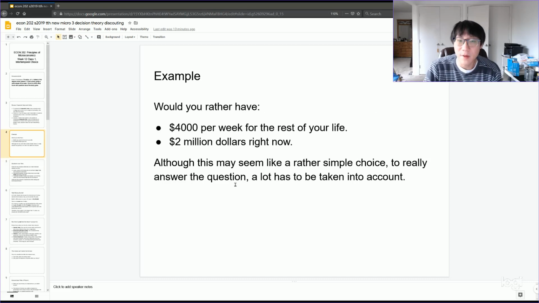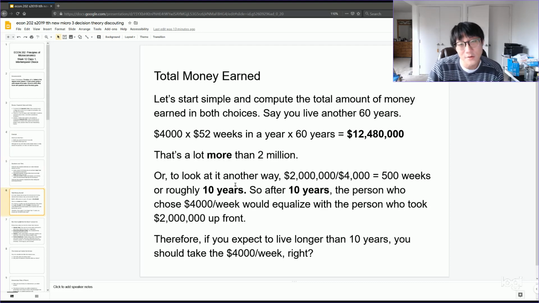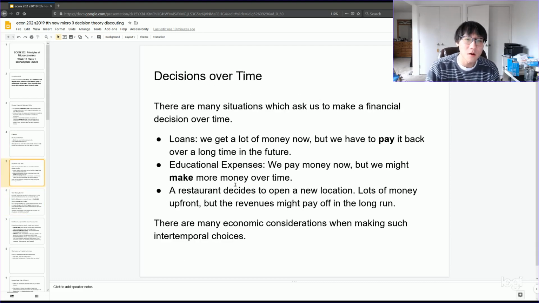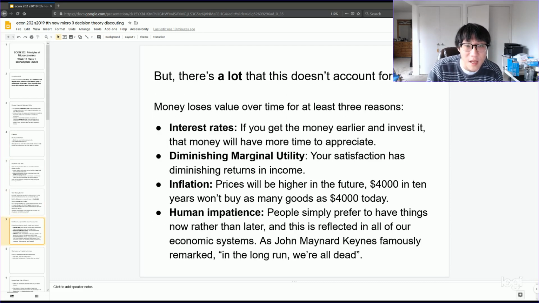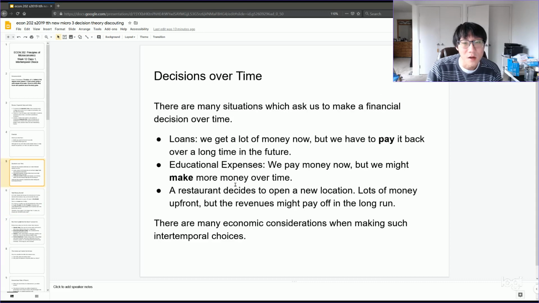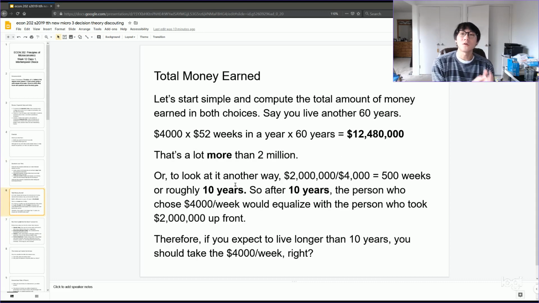So in thinking about this question, for $4,000 a week versus $2 million right now, there are a number of things that we have to take into account. Okay, so let's just do the bare minimum accounting. Let's start with the simple amount of money that both of these choices involve.